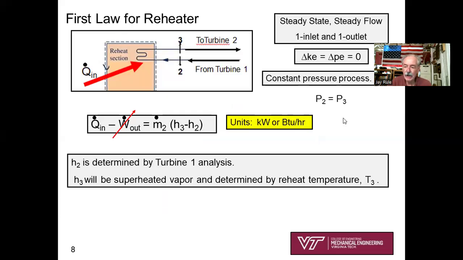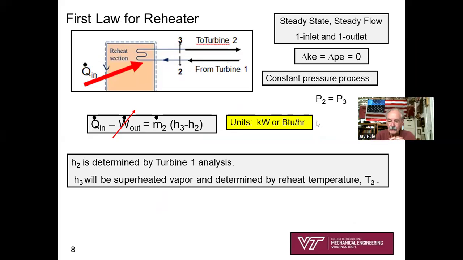What's the first law, the energy balance, going to look like for the reheater? Steady state, steady flow, one inlet, one outlet. We're going to say that there are no changes in potential or kinetic energy. If we've designed our reheater well enough, there's going to be very minimal pressure drop across our reheater for the H2O, so P2 is going to equal P3. Do we see the reheater lifting a weight?